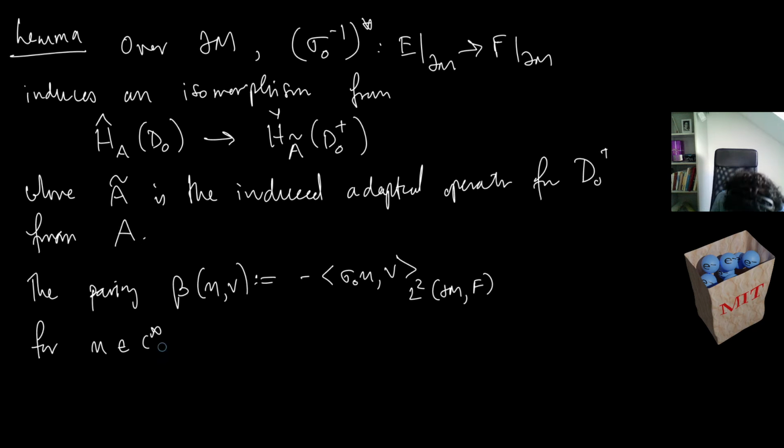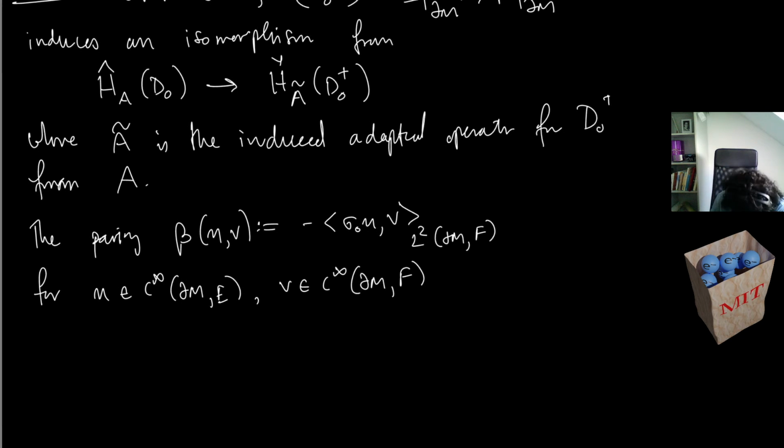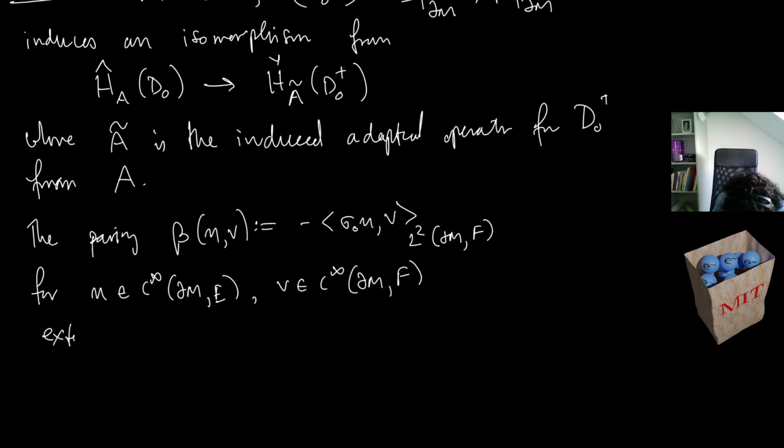I don't have to have C infinity there because I'm on the boundary, so this is for u and v in F, extends to a reflexive perfect pairing between these spaces.